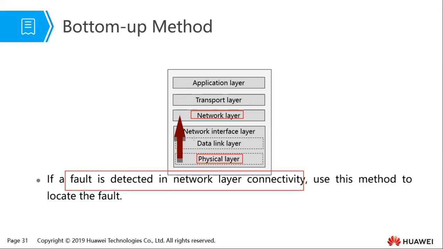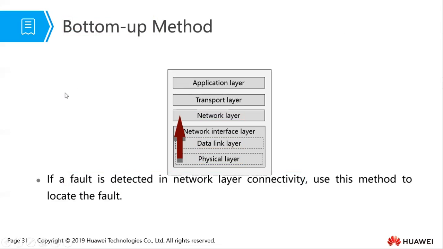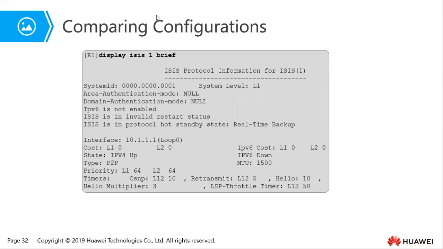Then the data link layer: are you able to access other devices at this particular layer? You can also swap with another device. Is a different device able to access through this particular cable, for example? Anytime there's a problem at the network layer, you need to use the bottom-up method. So it's important that you know those two ways of troubleshooting.